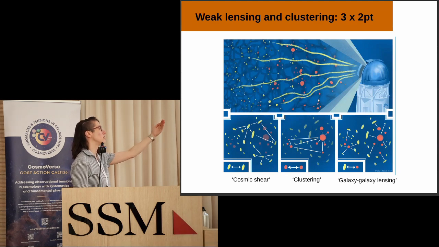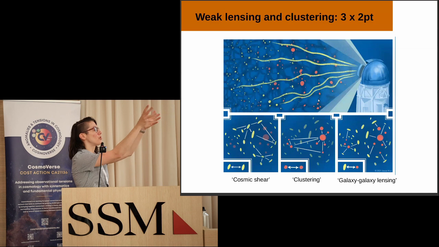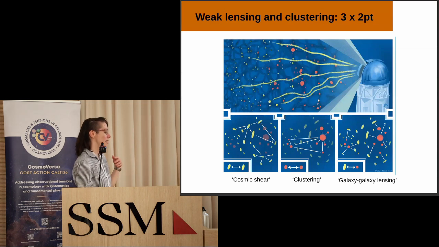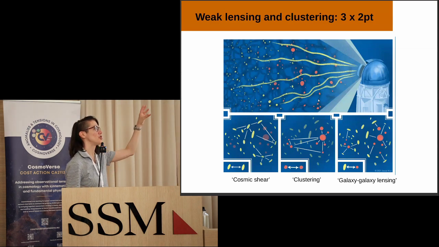So I ask the question, okay, if I have a galaxy in this position on the sky with this sort of shape, what is the probability, the excess probability above what we'd have for a random field, to find another galaxy at a certain angular separation with a certain shape? So that we have a measure of the correlation in the shapes, and we expect that this correlation in the shapes is primarily due to the lensing effect. There are other things that can cause it, as I'll get into. So that's the case where we're looking at correlations between shape and shape. So that's kind of lensing. We call that cosmic shear. So that's one kind of 2-point function.